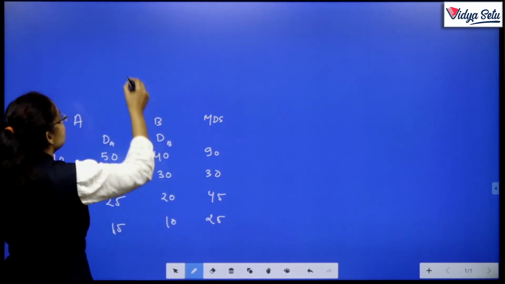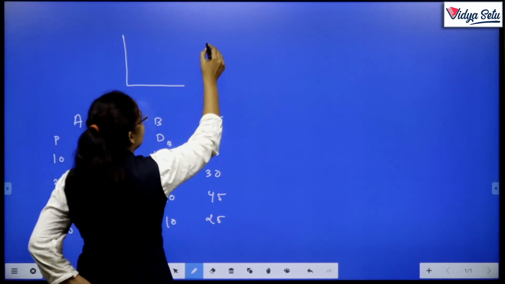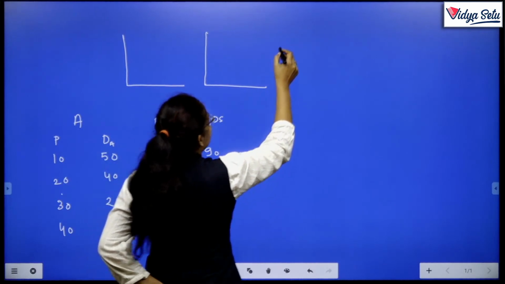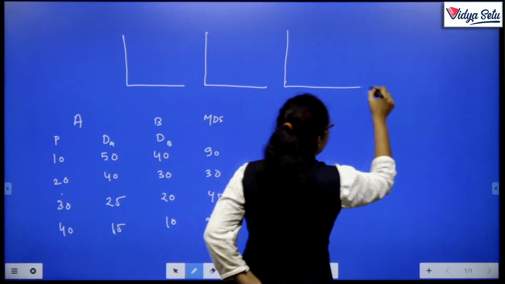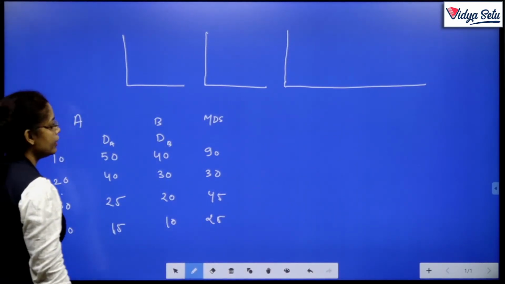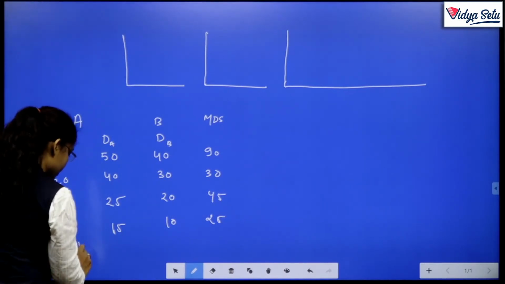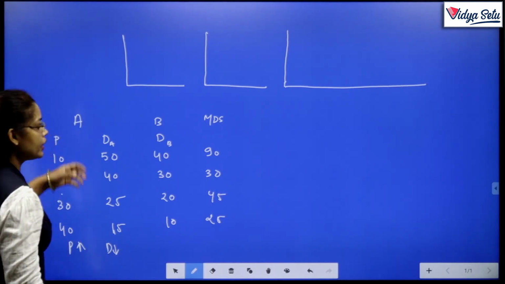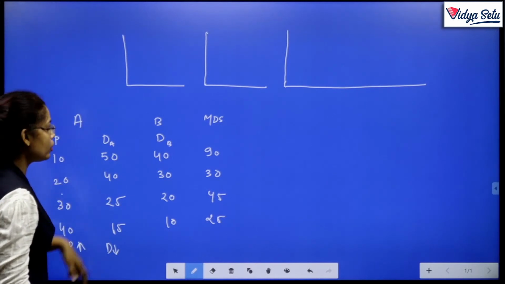Now here we draw the curve of both A and B. The horizontal axis must remain the same. Clear? So 50, 40, 30, obviously price increases and demand decreases. So we can draw using the table, and we can draw freely.